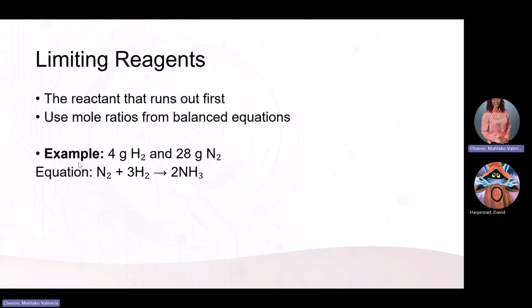Why do I say this is not yet balanced? As you can see, we look at the number of hydrogens on the reactant side. Initially it was 2. Let me go to the next one where I highlight the balancing, those coefficients.